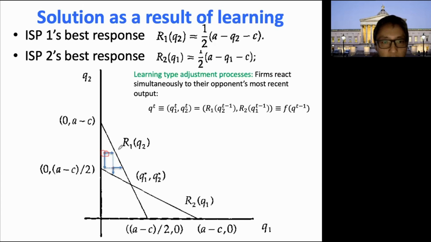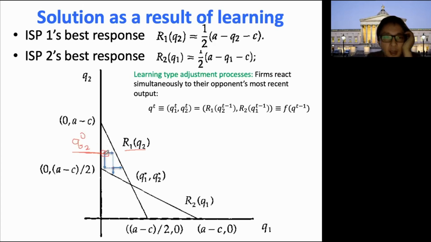So for example, R1 is the agent's, firm one's, best response given the value of Q2, right? So this is basically Q2's value. Let's say in this case, this is Q2's value. My best response is that I'm going to maximize, given the opponent's Q2 play, by producing this amount of product.